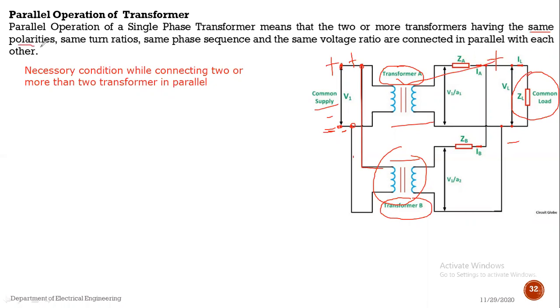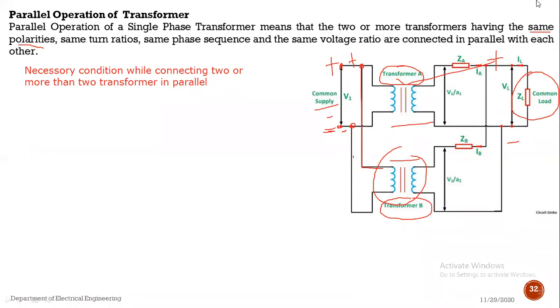So this is the first necessary and sufficient condition. If the polarity of both the transformers is same, then and only then we are able to put the two transformers in parallel. त्यावेळेस आपण हे दोन ट्रान्सफॉर्मर पॅरलल मध्ये कनेक्ट करू शकतो.